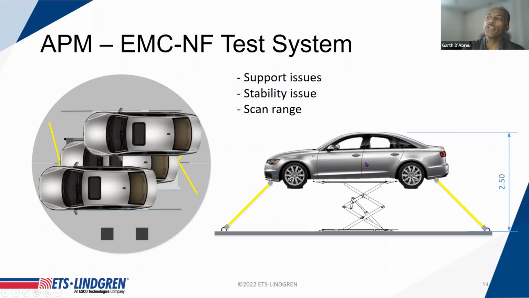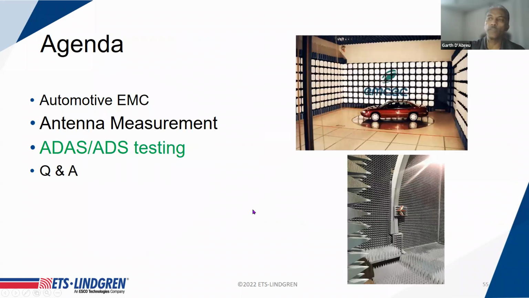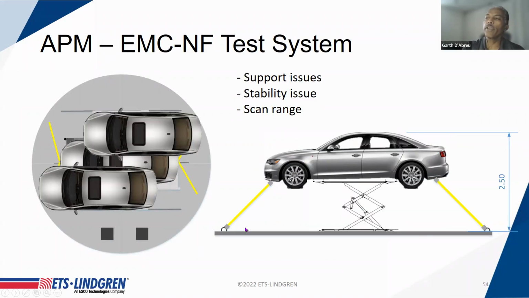Another one is trying to make sure that you can make measurements free from unwanted reflections. So in this example, it's possible to have absorbers on the turntable surface and on the floor of the chamber to try and reduce the reflections that would be interfering with and compromising the integrity of your measured pattern.